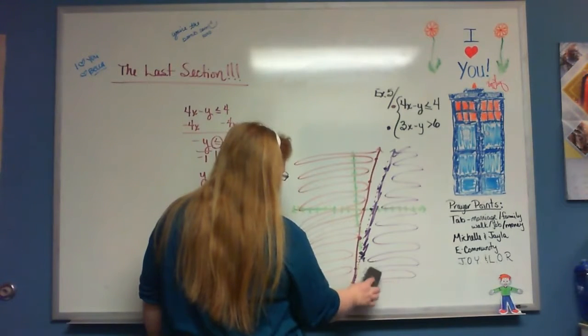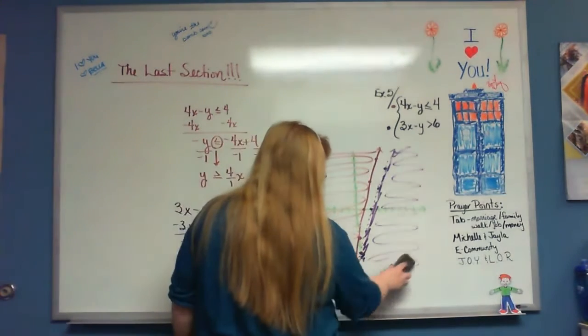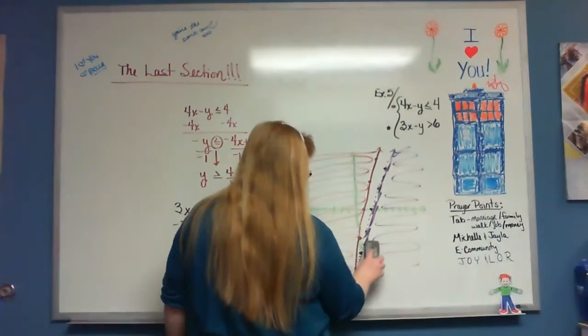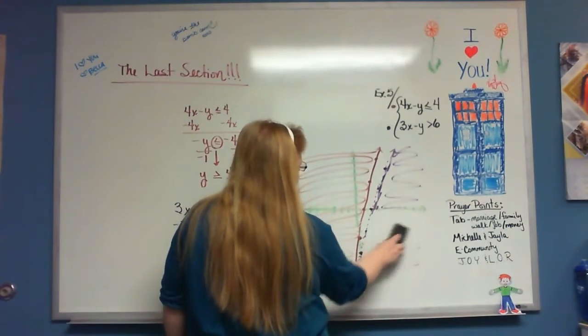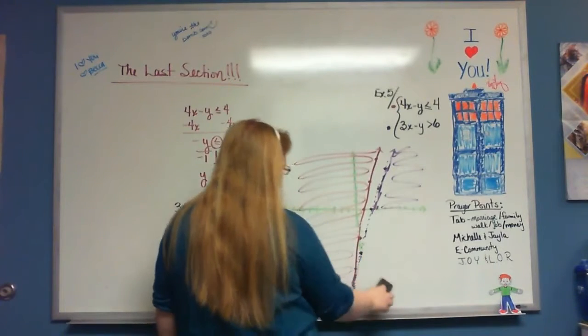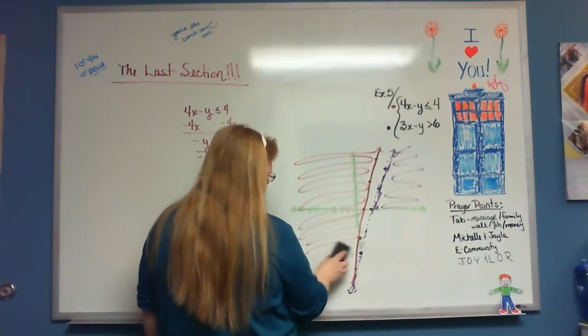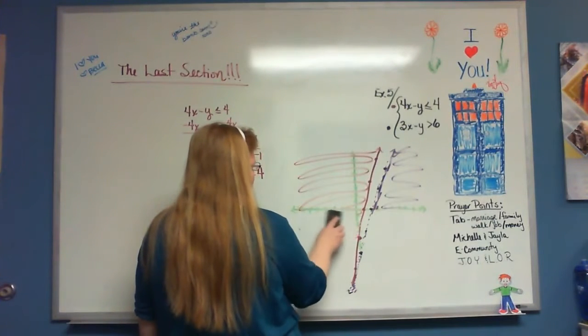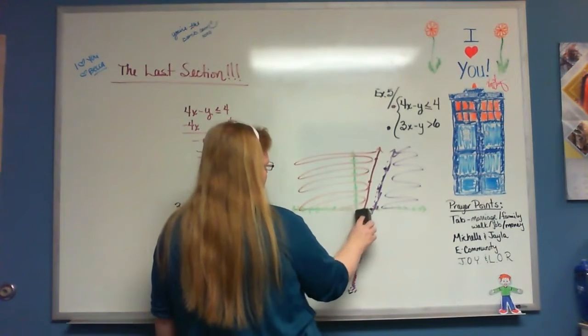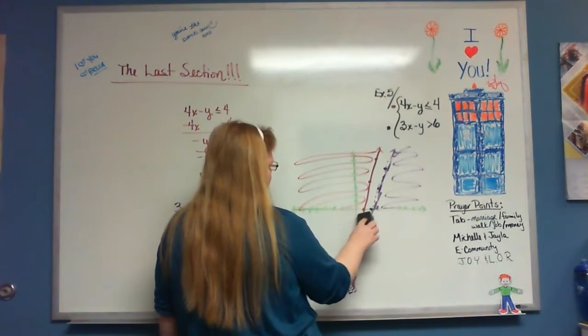So all the stuff that gets shaded once, we can erase. Trying to leave my lines and axes in there some. And all the stuff that gets shaded twice, we leave because that's our answer.